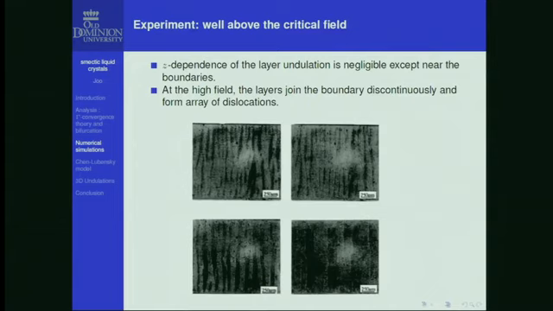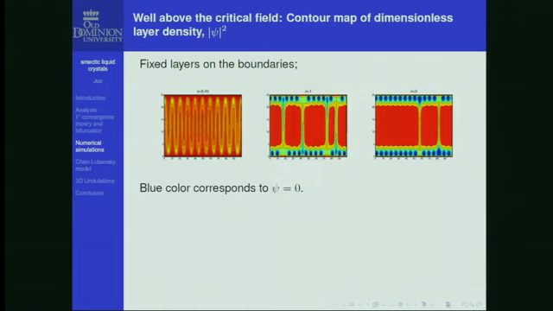It's well above the critical field in the two-dimensional case. What they expect is that the z-dependence becomes negligible, except at the top and bottom boundaries, where the layers join the boundary discontinuously and form an array of dislocations. That's exactly what we have with this Dirichlet boundary condition.